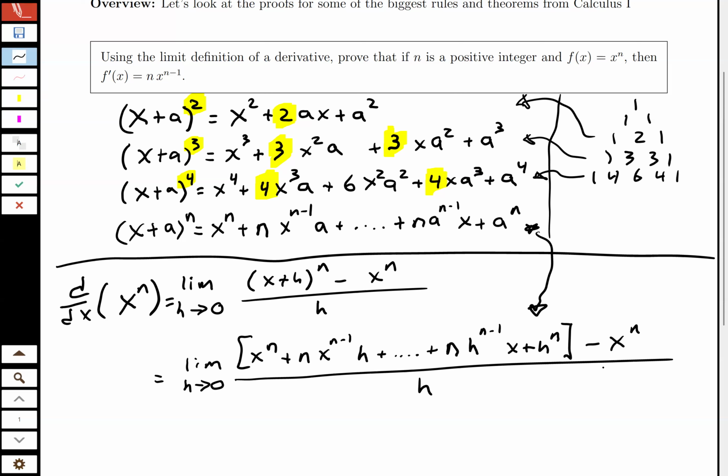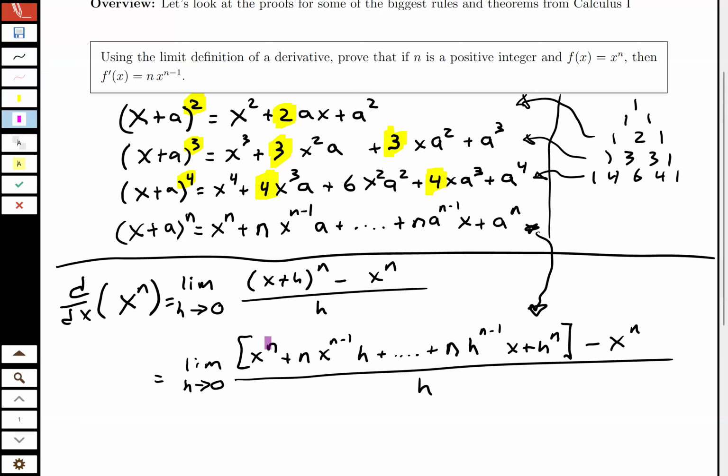Now, I'm noticing that I've got x to the n minus x to the n. So those pieces are going to cancel. Limit as h goes to 0.